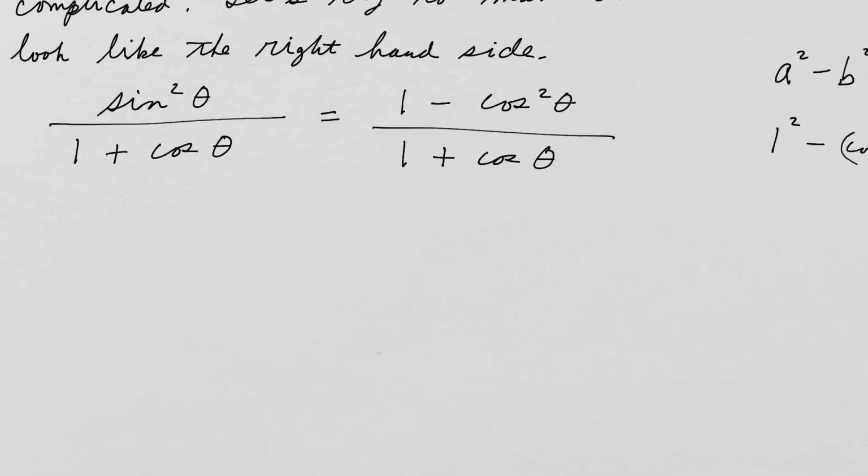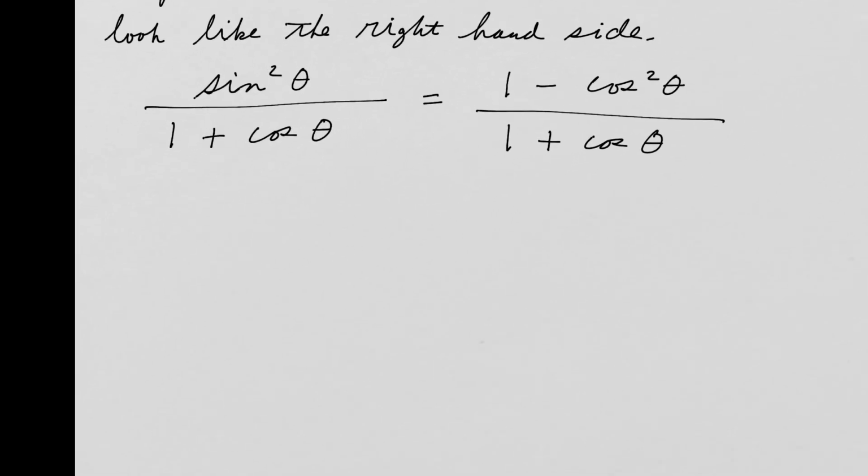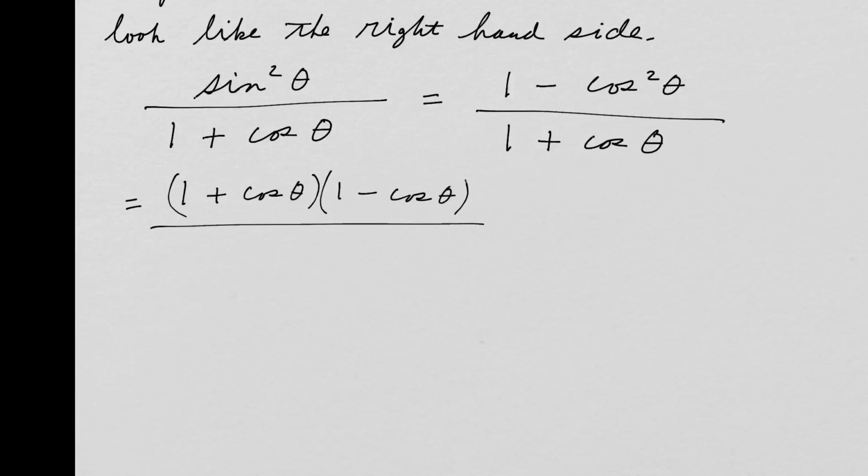So what I can do is I can rewrite that numerator as 1 plus cosine of theta times 1 minus cosine theta. And in the denominator, I have 1 plus cosine theta. Well, this is nice, right? Because now look what I can do.